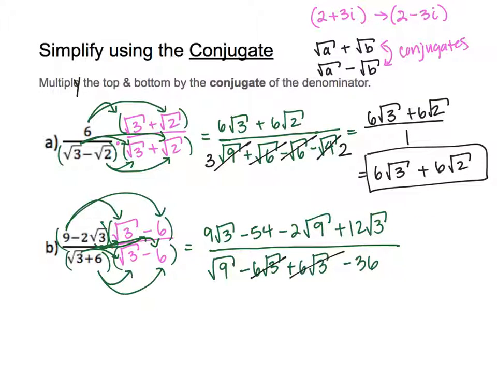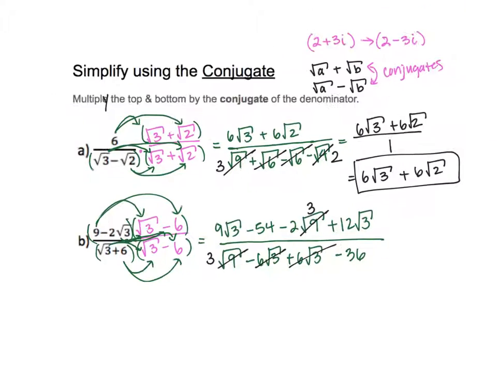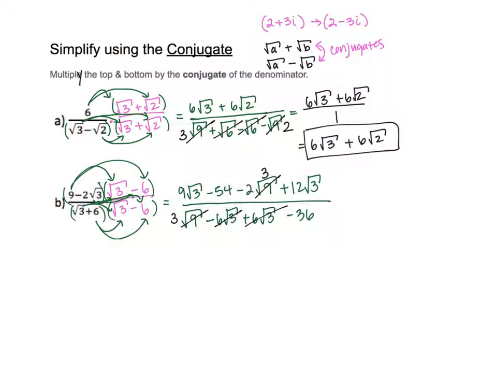And so now I have, let's see, the bottom here, I have a square root of 9. Square root of 9 is just 3. So I can cancel that out and just make that a 3. What else could I do? This here is also a square root of 9, so I'm going to replace that with a 3. I'm going to scoot this to the side.